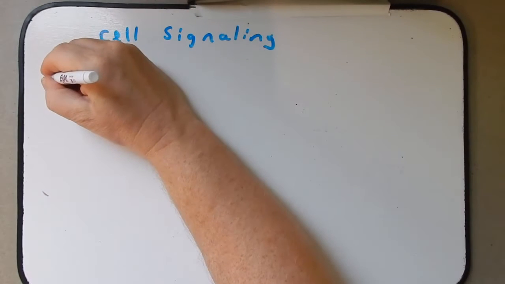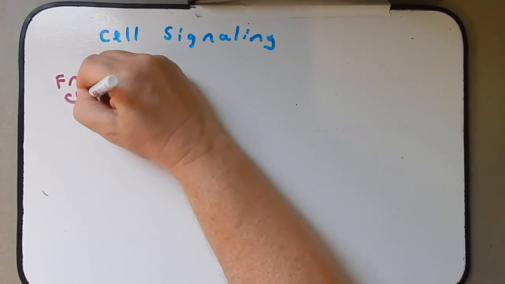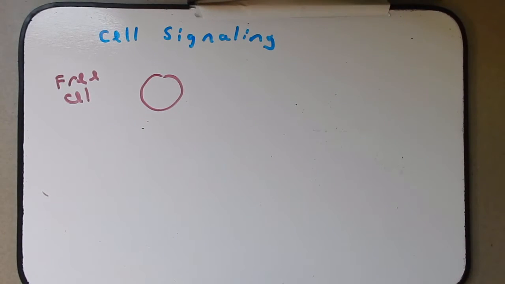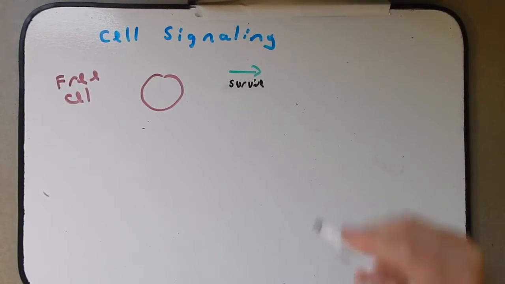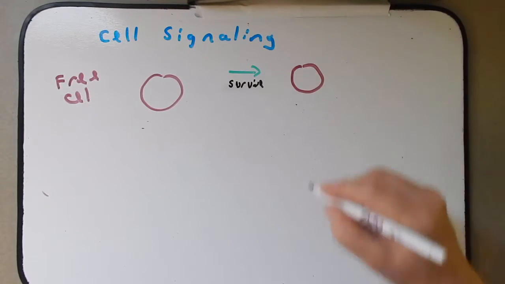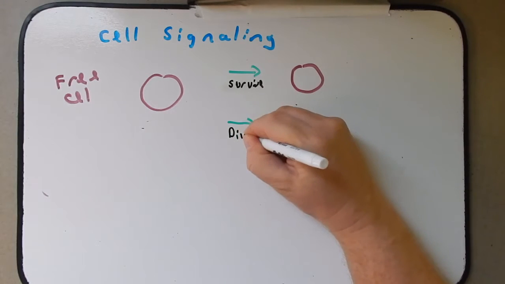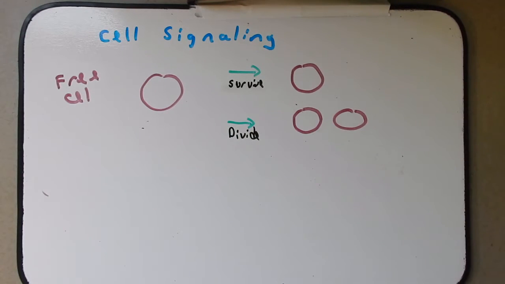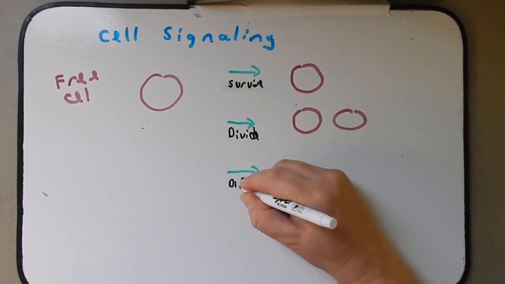We could think of a free cell. It could be a bacterium, it could be a yeast cell. But this free cell has several things it needs to do. It needs to survive. It needs to divide. It may need to differentiate or just change its overall morphology.